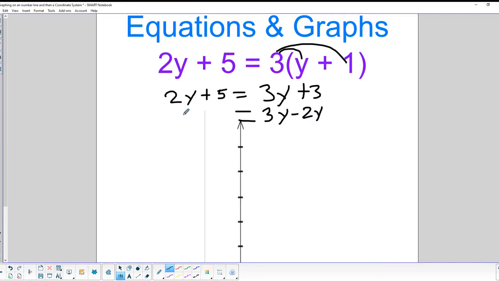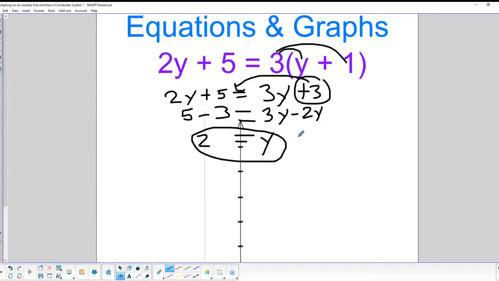And on the left side, I have 5. I bring this 3 over to the left side, and it becomes subtract 3. So 5 minus 3 is 2, and 3y minus 2y is 1y. So y ends up being just 2.